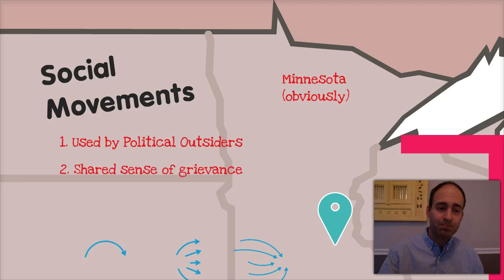Second is the idea that members of a social movement share a sense of grievance, some complaint or sense of injustice that's caused by inequalities or perceived injustice based in society. So groups that are actively engaged in social movements believe that their problems are caused by common social ills.